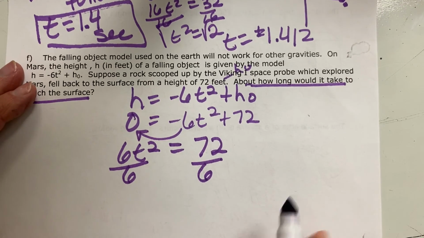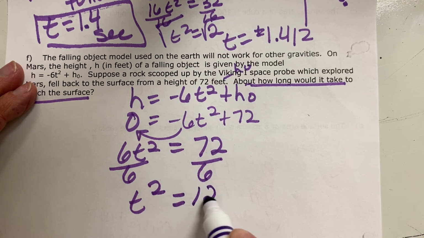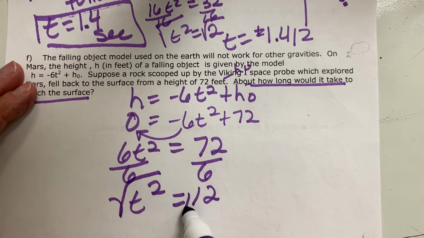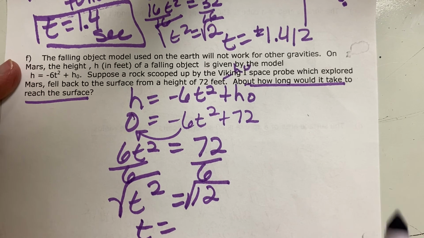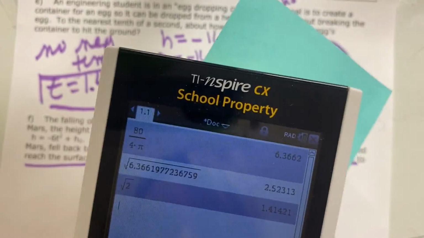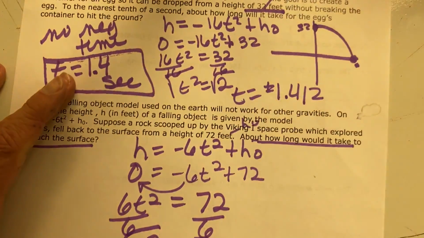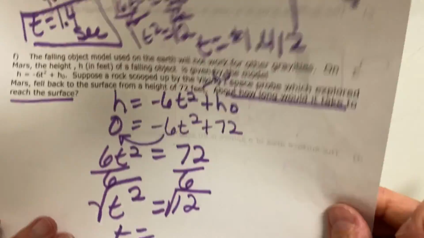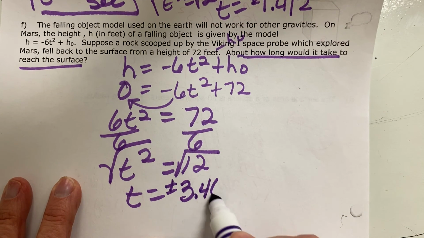and go through all those steps so we can get t squared by itself. So 72 divided by 6 is going to be 12. I'm looking for my time, so I'm going to take the square root. So t is equal to, I'll put that in my calculator, the square root of 12, and that is going to be plus or minus 3.46.